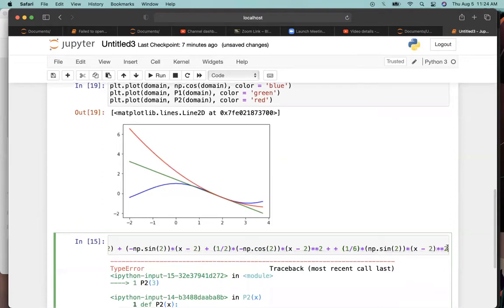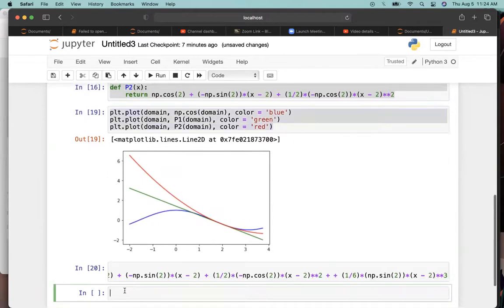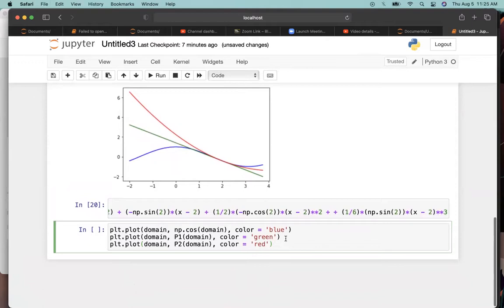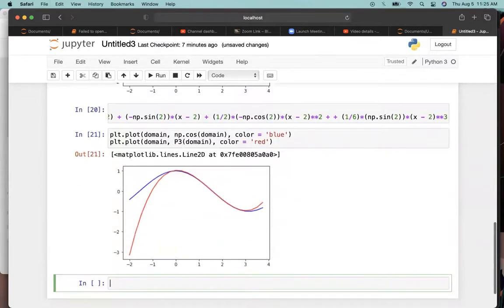And then we cube here. Now let's put P3 in there. Yeah, now look at that.